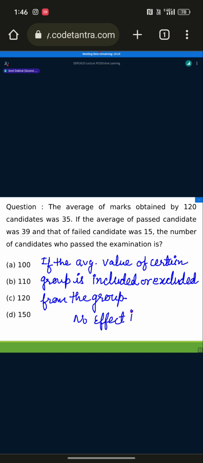Right? There is no effect in the average. Point number 1. You can just take the screenshot or just note down.